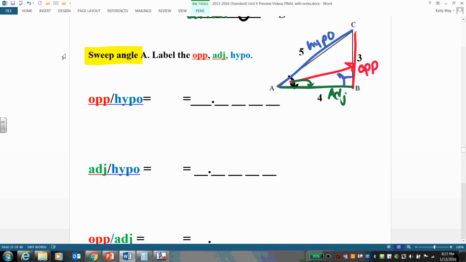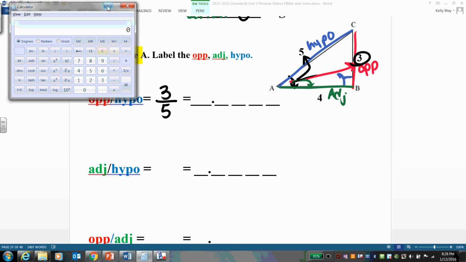Okay, so if I want to find the opposite over hypo ratio, I go opposite, that's a 3. My hypo is 5. So from here, you just get your calculator and do 3/5.